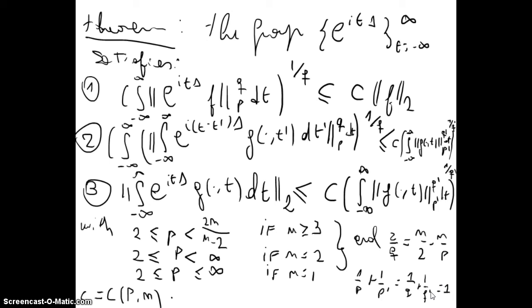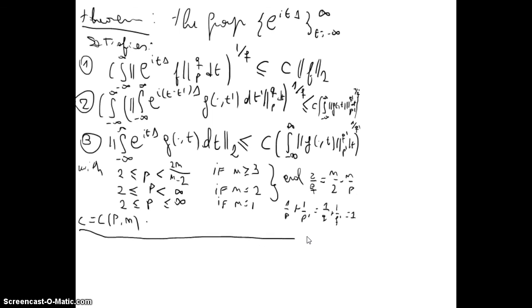Okay, so this is a theorem about the global smoothing effects of the Schrödinger equation, and well, I'm not going to prove it, but basically when it's going to bound this, all these conditions appear when one applies the Hardy-Littlewood-Sobolev theorem. And okay, so we're going to use this.